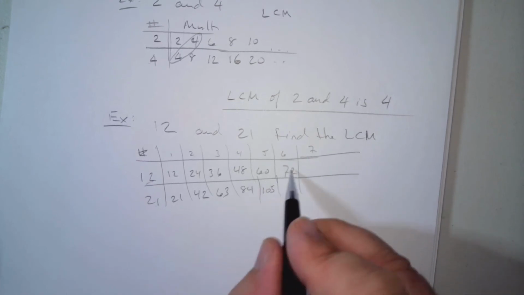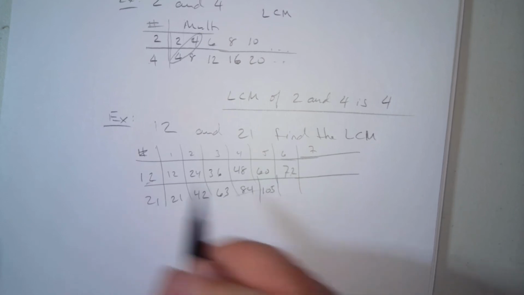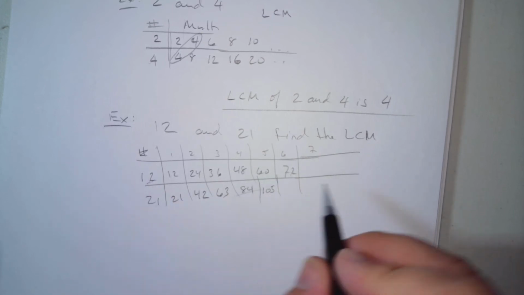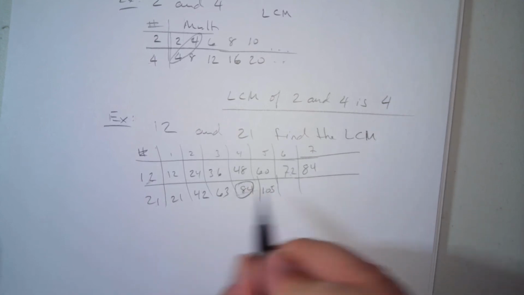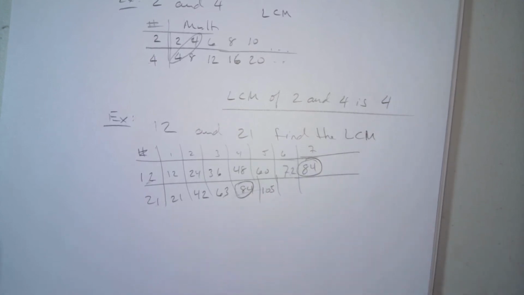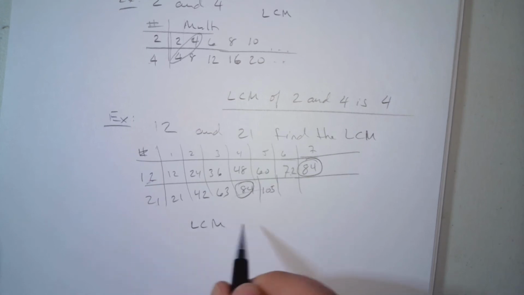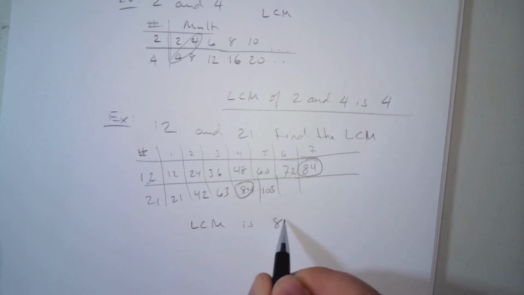Okay, so this is too small now, so let's keep going. 12 times 7 is 84. So the LCM is 84.